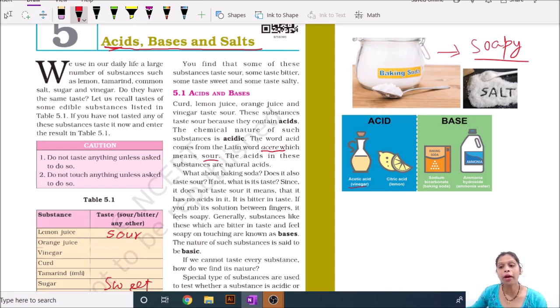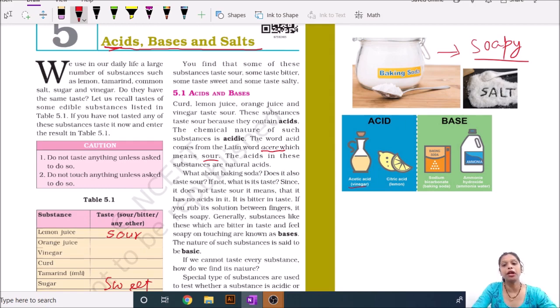Whereas ammonium hydroxide, sodium bicarbonate. Ammonium hydroxide, in other words, is ammonia water. Whenever you touch ammonia water, you feel that it is soapy. So this has a base character.